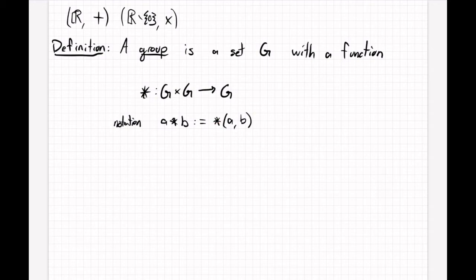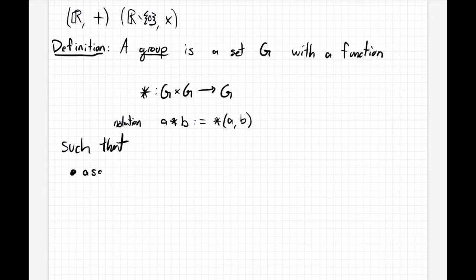But what I really want is this to be like addition or multiplication. I really want to write it like this, and so that is what I'm going to do. But this function has to have some special properties.